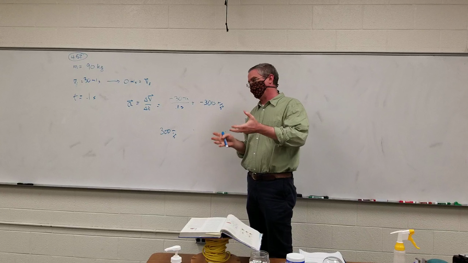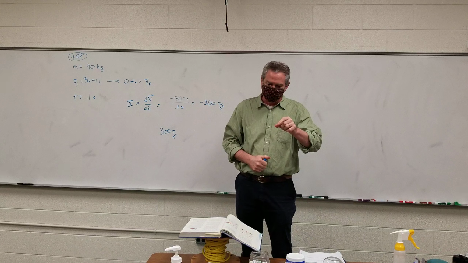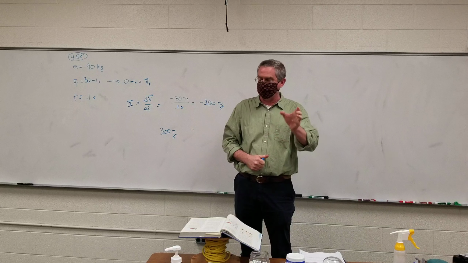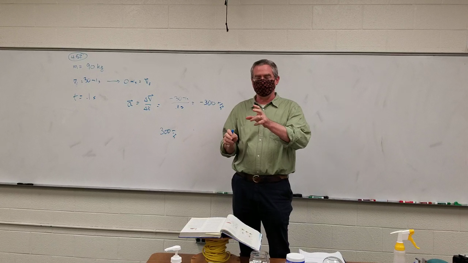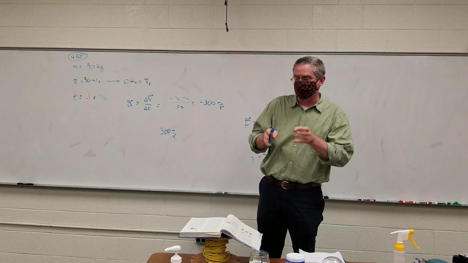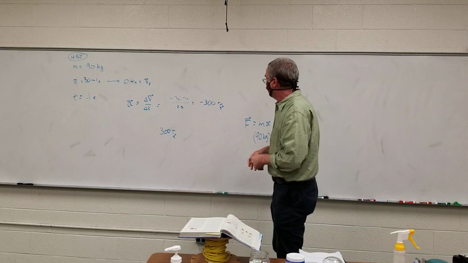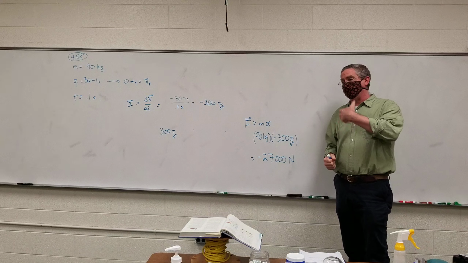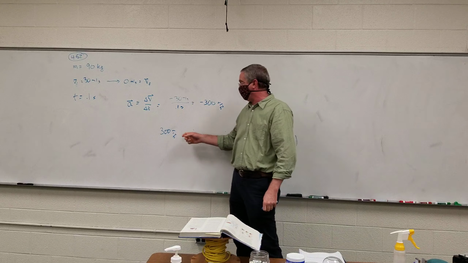Deceleration is not really a physics term. Deceleration, which is what he does in his problem, is built in that he's slowing down. Unlike the word acceleration, which could be several different things. Deceleration is an everyday language term, meaning you're slowing down at what rate. Since slowing down is already built into deceleration, he's slowing down at a rate of 300 meters per second every second. That's why the minus sign goes away.